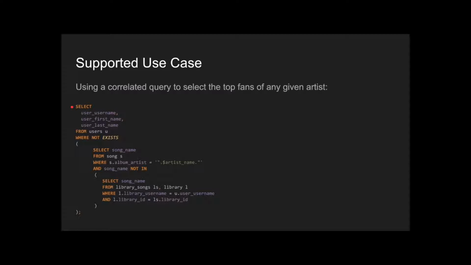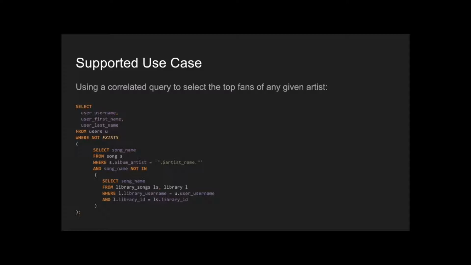As we can see, we're selecting the user's username, first name, and last name from the users table. In order to check to see if the user has every single song from the artist, which means we're not going to include users that are in the following subqueries, we use this NOT EXISTS clause. The first subquery here is a table that contains the song name of every song that is produced by the given artist.